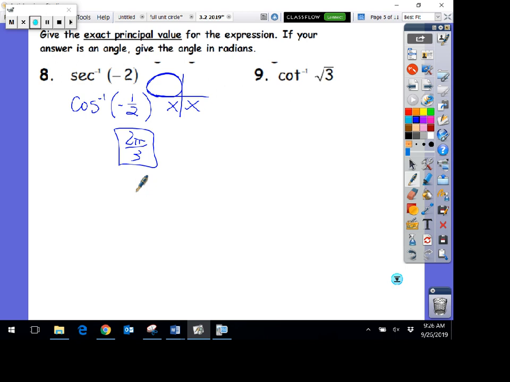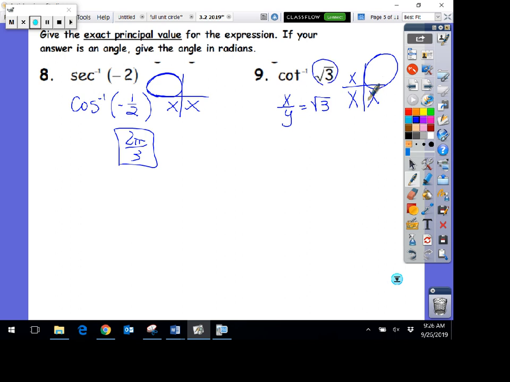All right, inverse cotangent. We have our restrictions for cotangent. Cotangent can be in quadrant 1 or 2. It is positive, so that means quadrant 1. So we're looking for where x divided by y is equal to √3. That's what we're looking for.